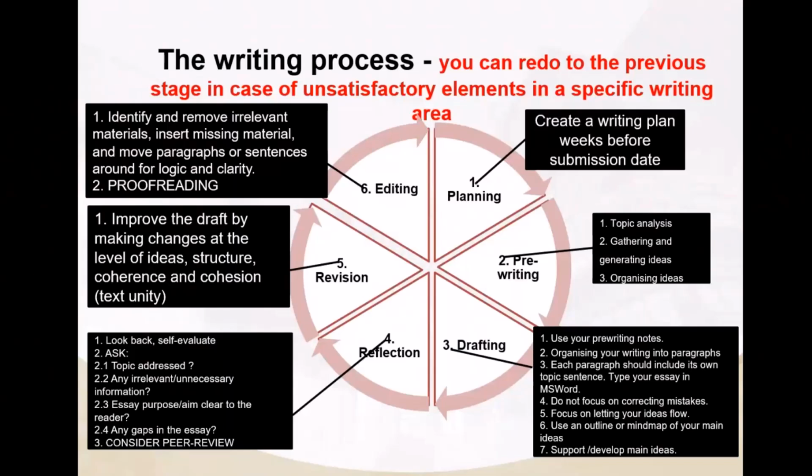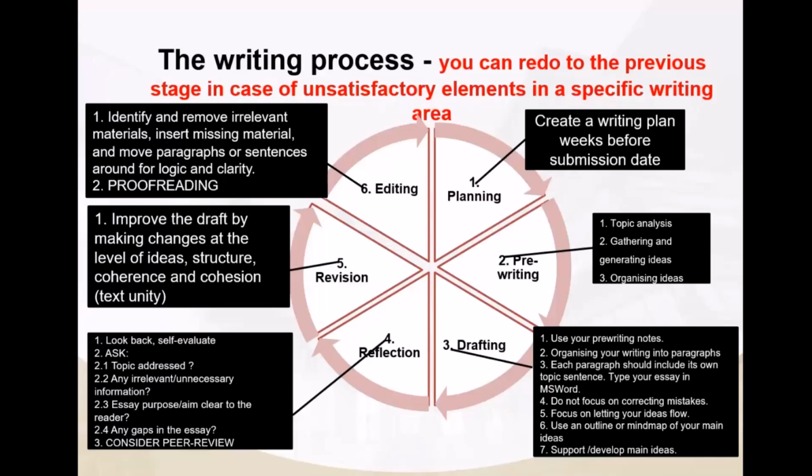Having analyzed and understood what you are required to do, if it's a research essay, you gather evidence or information relevant to the topic, and then you generate ideas by brainstorming. Then you organize those ideas. Which one do I start with, like in a mind map? Which one do I continue with? Which one do I end with? So you arrange your ideas in a manner that you believe is correct, logical, and easy to follow.